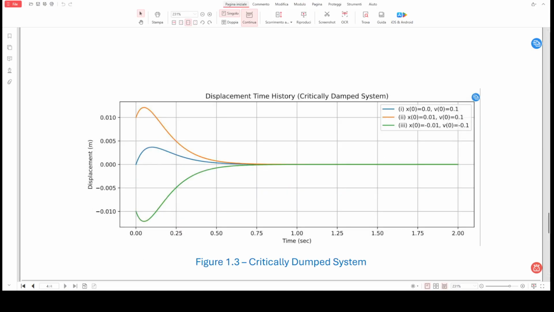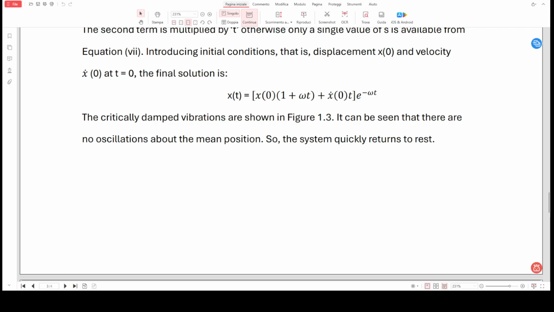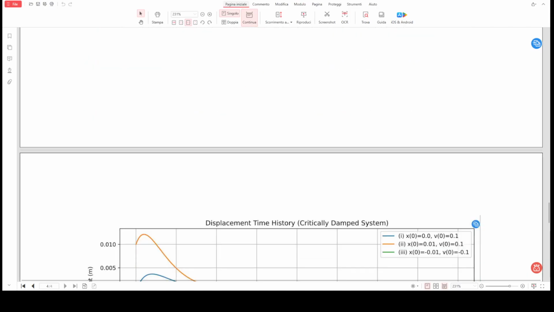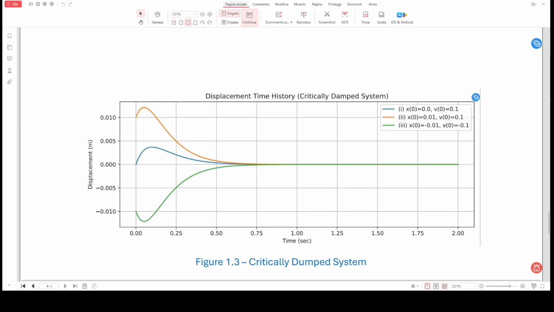And the third case, the green line, when x0 is equal to 0.1 and the initial velocity is 0.1. So this is the final graph. You can see there is no oscillation about the mean position, so the system quickly returns to rest without oscillation, returning to zero.